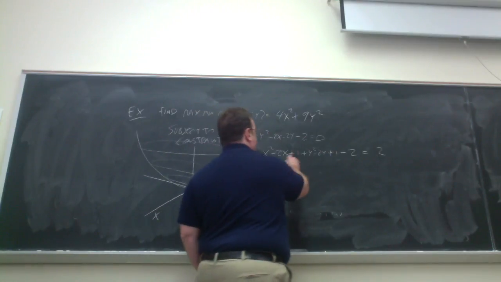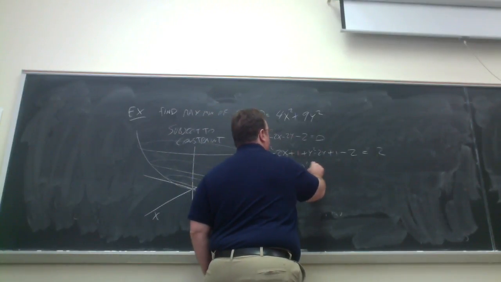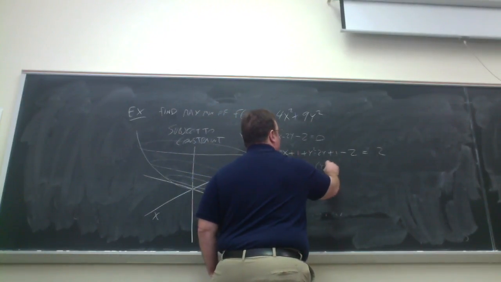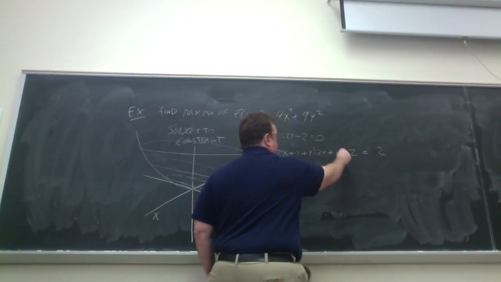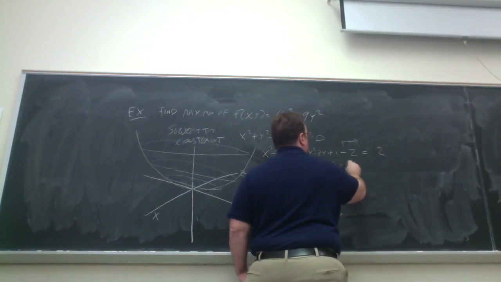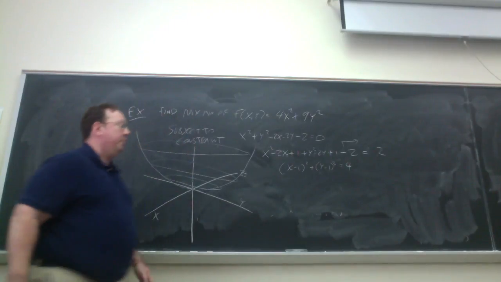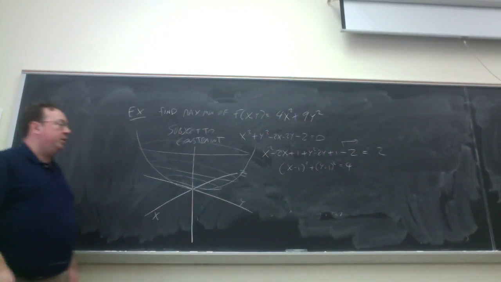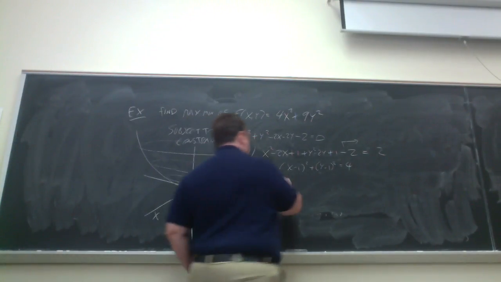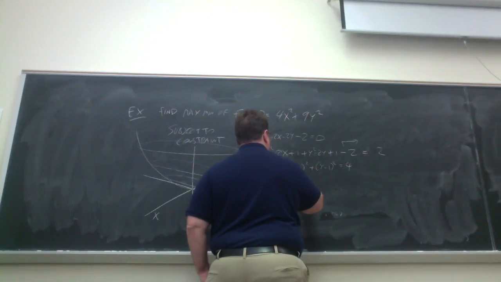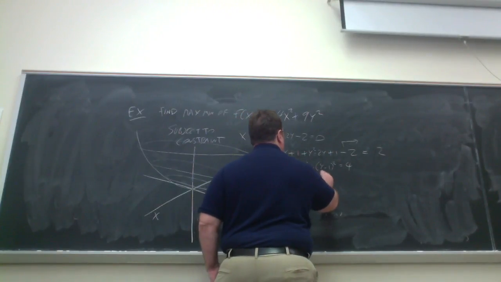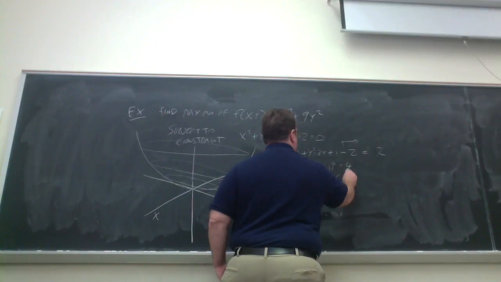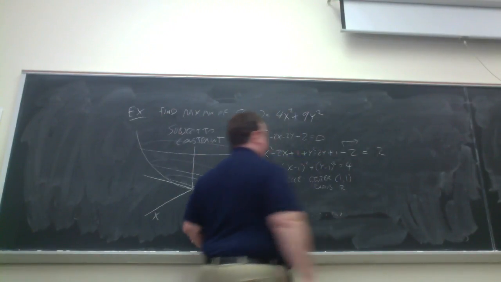So this condenses to x minus 1 squared, this condenses to y minus 1 squared, and I'm going to take this minus 2 and move it to the other side. And we get 4. So the equation can be written in this form. So what we have is a circle, and the center is at 1, 1, and the radius is 2.